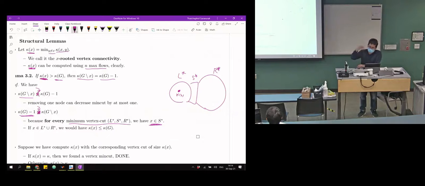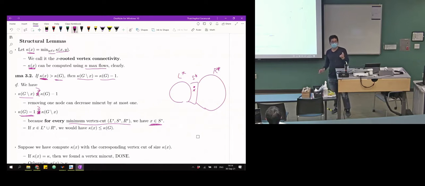Kappa of x is strictly more than kappa, so x must be in the separator always, and this is true for every min cut. So if you remove x, then the min cut must reduce by 1.